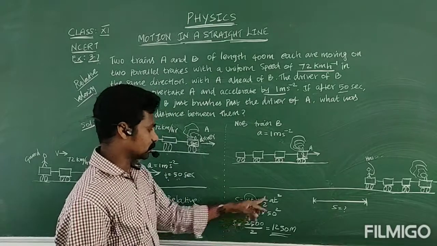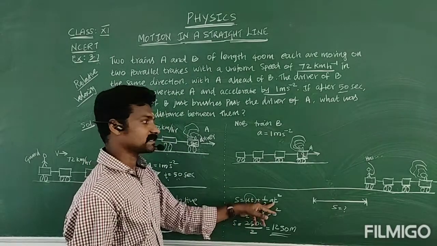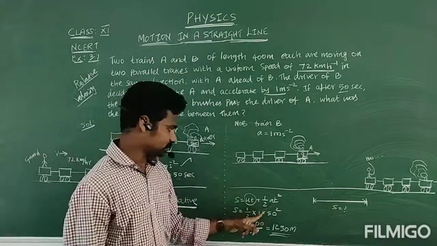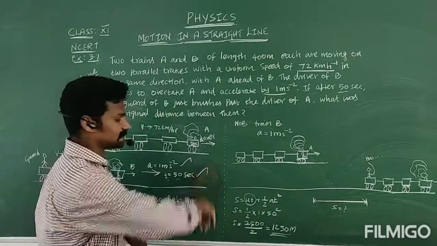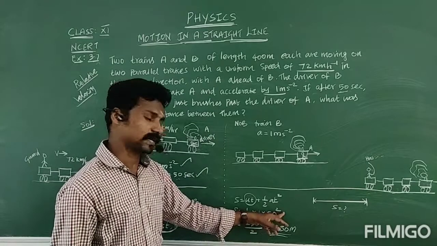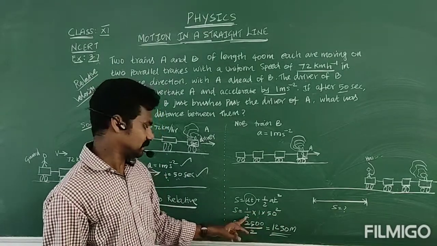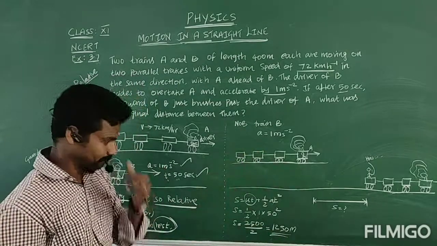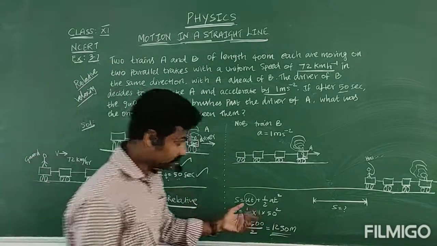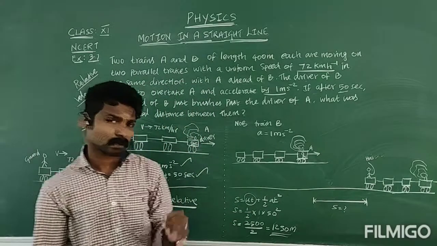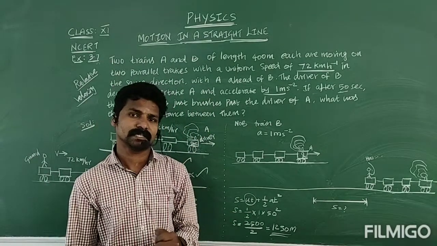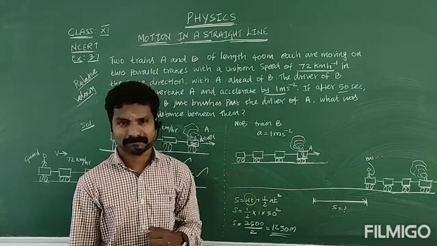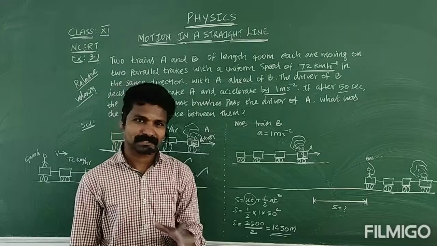S equals half into acceleration into time squared. Acceleration is 1 meter per second square, time is 50 seconds. 50 squared is 2500, divided by 2, that is 1250 meter, nearly 1.25 kilometer.